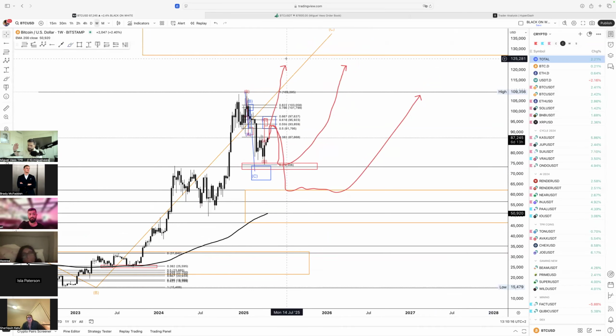All tariffs are canceled, more money is going to be printed, then we go to 127K. Second scenario is we come back, retest the 0.8 trend continuation, and from there on start a massive run. That would be a shortened recession, means Trump in the next couple of weeks, everything switches and we just pump a lot of money. Not right now, but in the next couple of months.